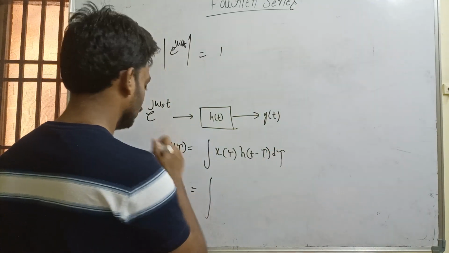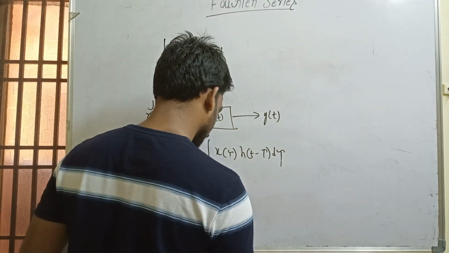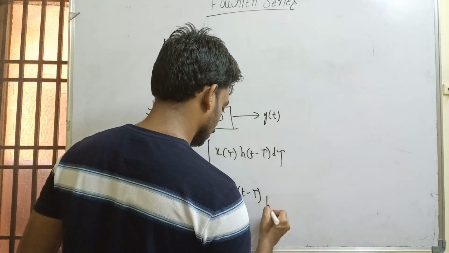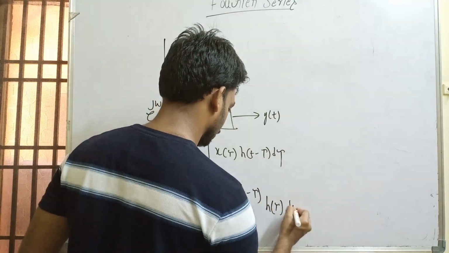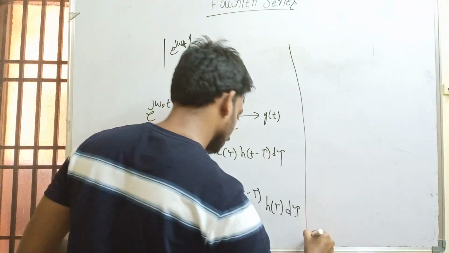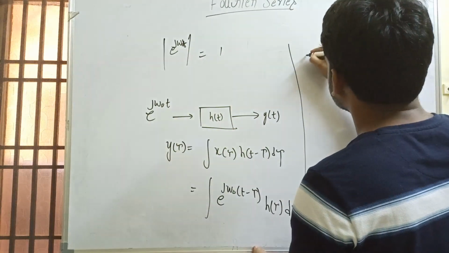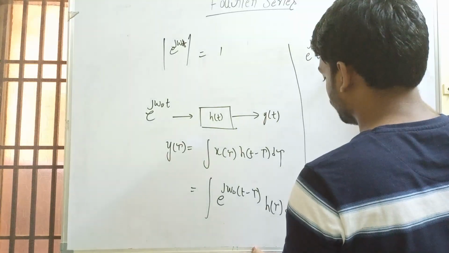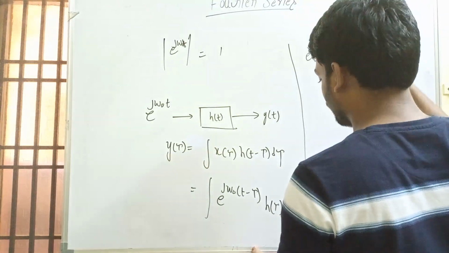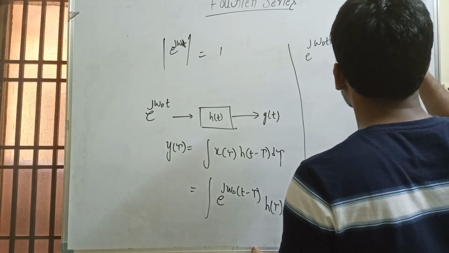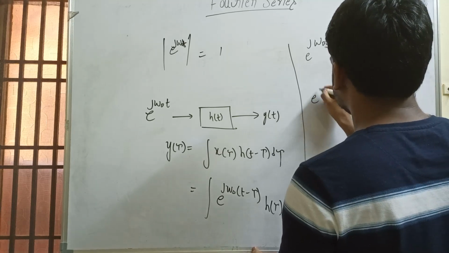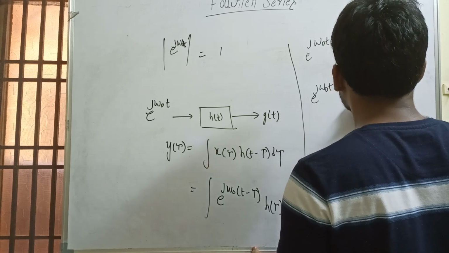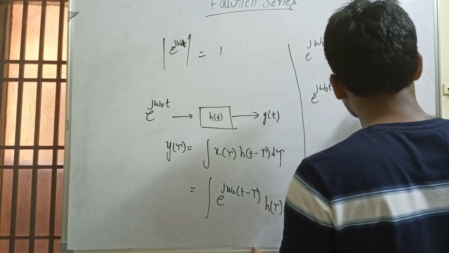Substituting, the integral of e power j omega naught (t minus tau) h of tau d tau. e power j omega naught t is common, so we get e power j omega naught t times the integral of h of tau e power minus j omega naught tau d tau, which is nothing but H of j omega naught.